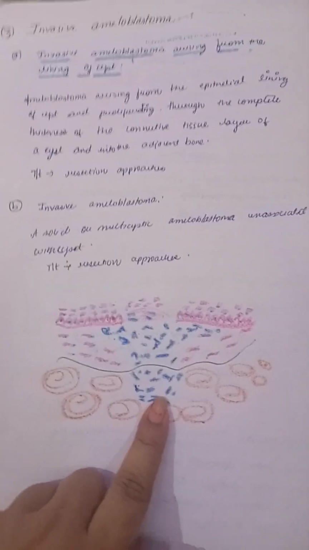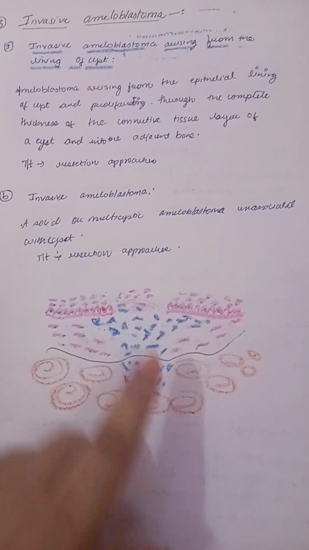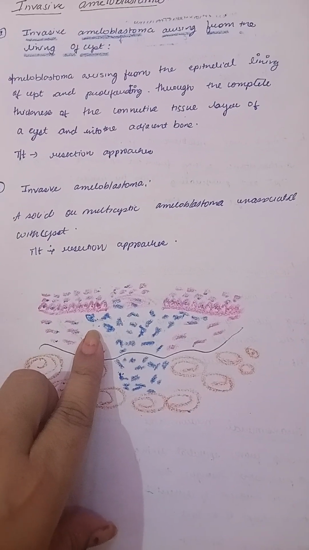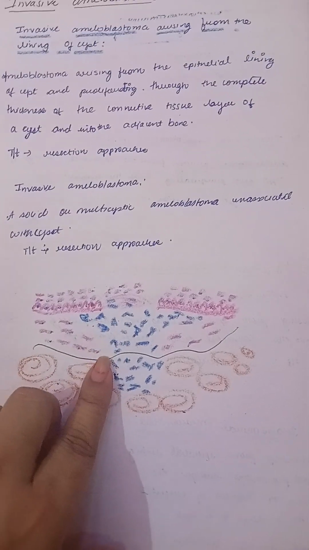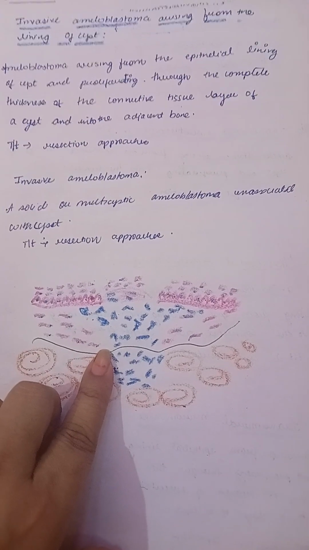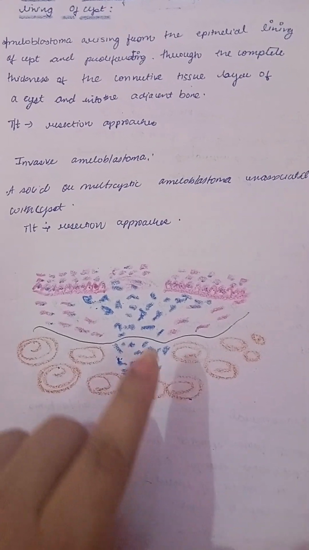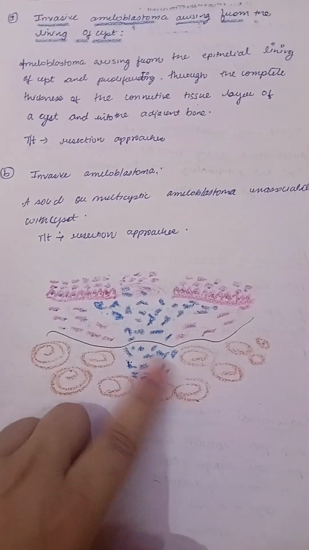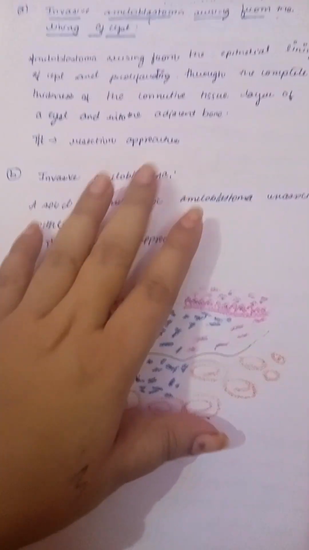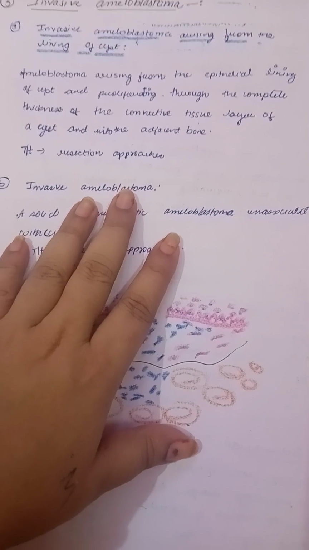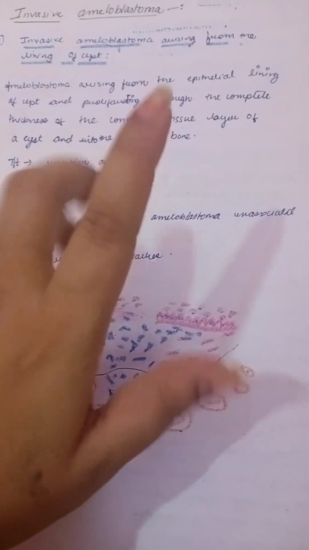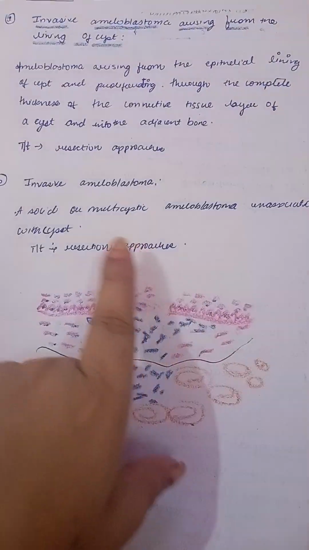This kind of ameloblastoma will start from the epithelial lining, continue through the complete thickness of connective tissue and invade into the adjacent bone. This kind of invasive ameloblastoma can be treated only by resection approach. There is no conservative approach for this type of ameloblastoma.